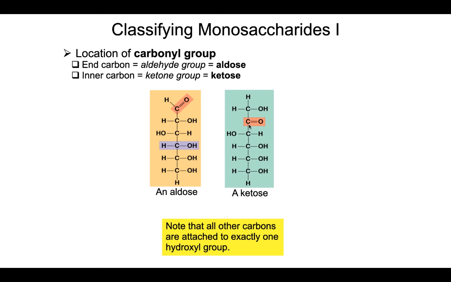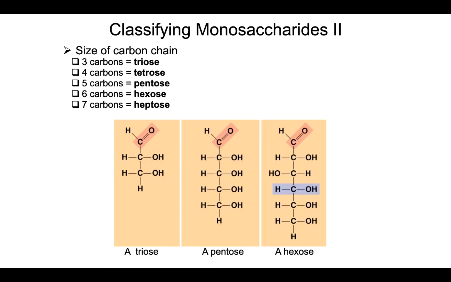Or that carbonyl can exist somewhere in the middle of the chain, and we call that a ketose. That's a ketone group, and so we call this a ketose. Now, all the other carbons are bonded to a single hydroxyl group and one hydrogen. So the first way we can distinguish two monosaccharides: are they an aldose or a ketose?